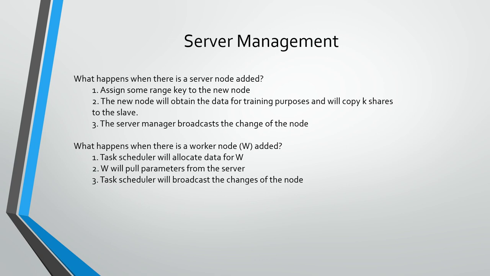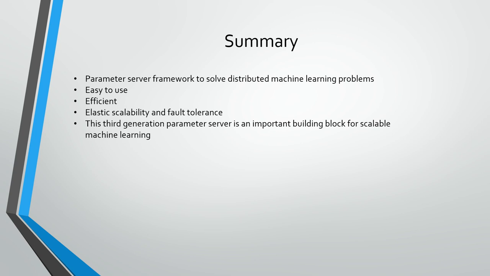And finally, I'm going to summarize what I talked about up to now. First, we described a parameter server framework to solve distributed machine learning problems. This framework is easy to use and efficient. All communication is asynchronous, and it has a flexible consistency model supporting the trade-off between system efficiency and fast algorithm convergence rate.